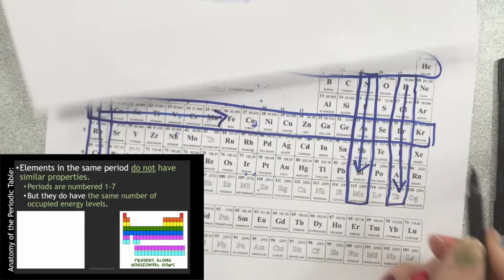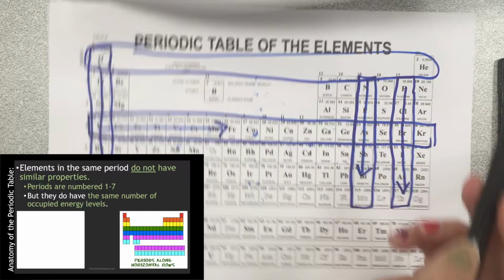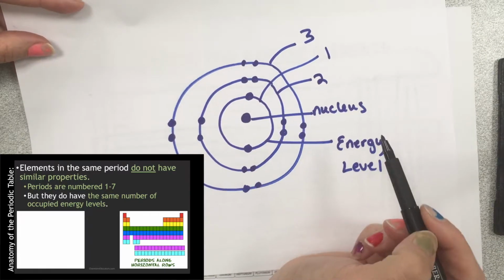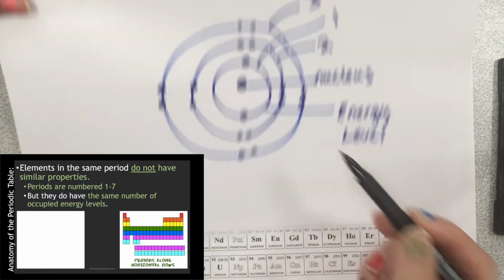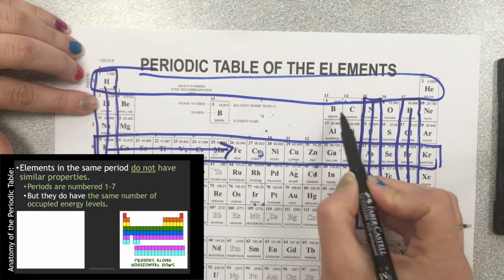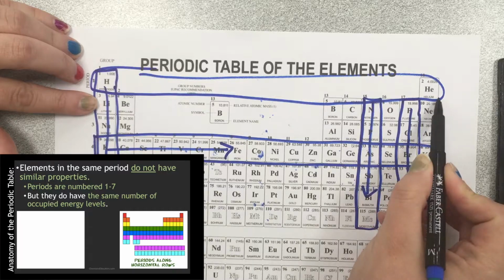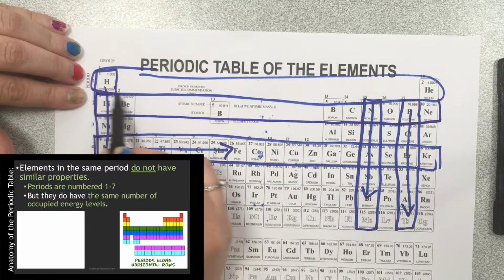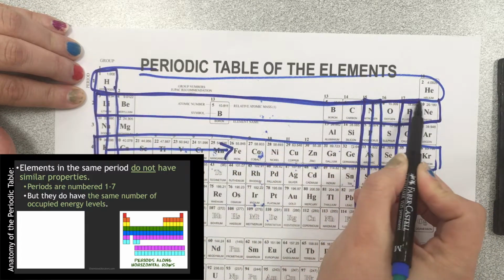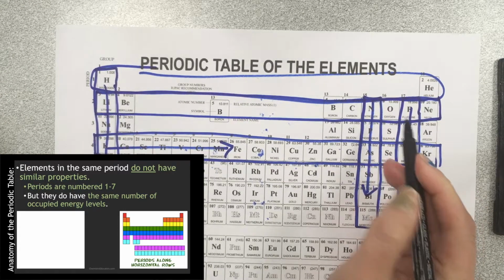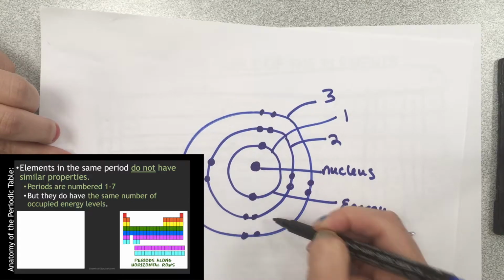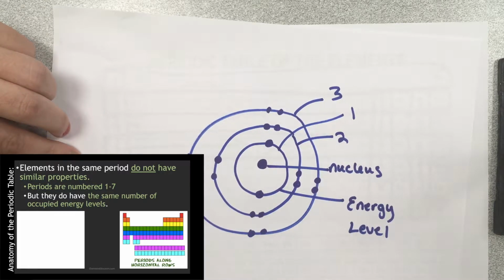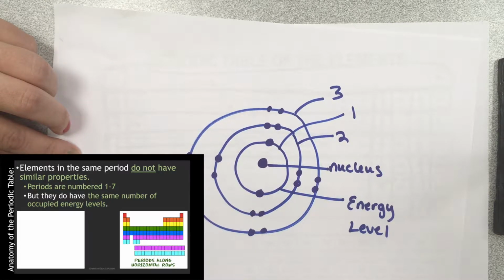So energy level 1, that's 2. There's 2 elements in there. 2 electrons, okay? Energy level 3, there's 8 electrons here. 1, 2, 3, 4, 5, 6, 7, 8. So this whole period, and these are not electrons, but just whatever. There's 8 here. So there's 8 dots here representing electrons. And we'll learn more about that with electron configuration.